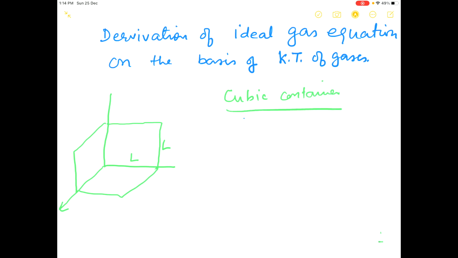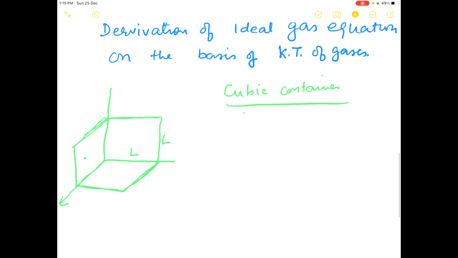A number of molecules of a monoatomic gas is contained in this container with the length of an edge L.